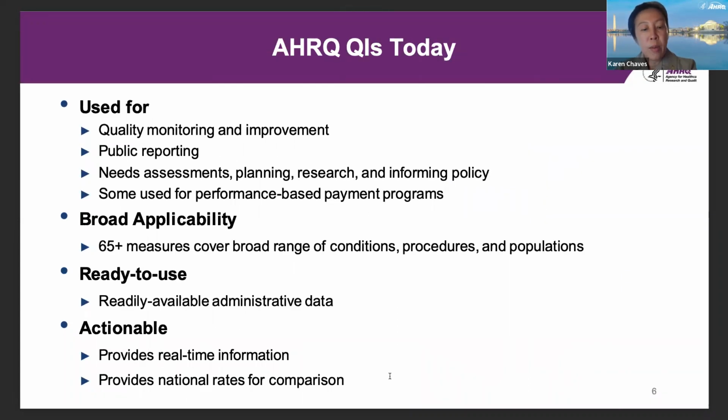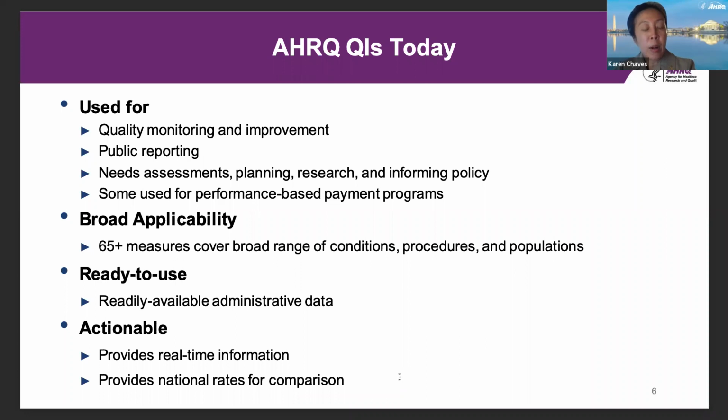The AHRQ QIs are used for research and needs assessment for planning at local, state, and national levels. Hospital and community quality improvement initiatives also use them, and also for public reporting, performance assessment through private and public reporting, and the information is also used by healthcare purchasers.